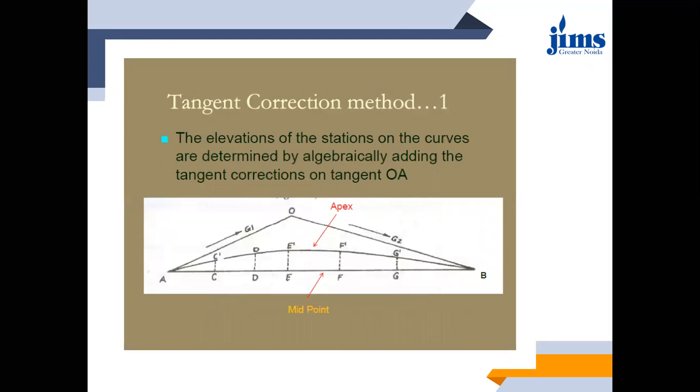Here is a diagrammatic representation of how it is done. This line OA denotes the corrections. All these, CC dash, DD dash, EE dash, are the corrections which are plotted, and these corrections are determined algebraically by adding the tangent corrections on the tangent OA.